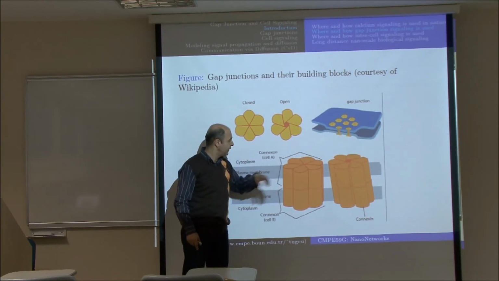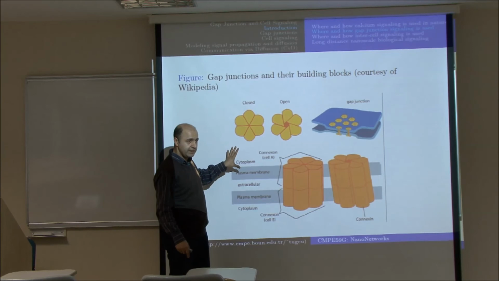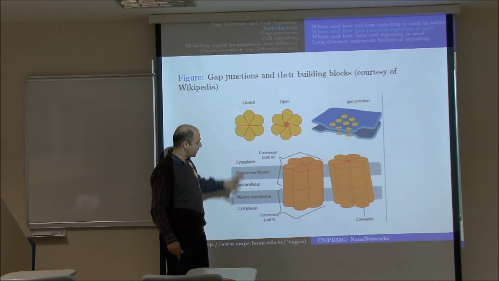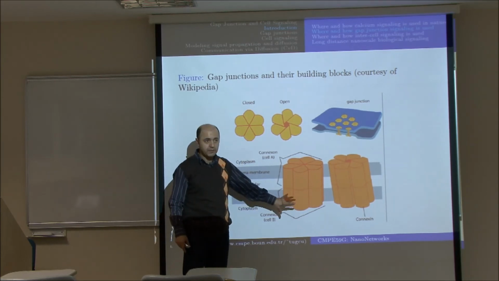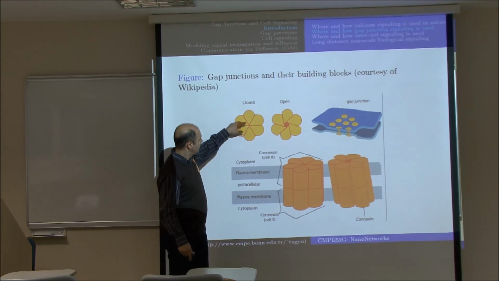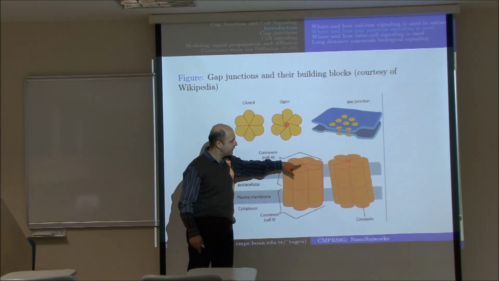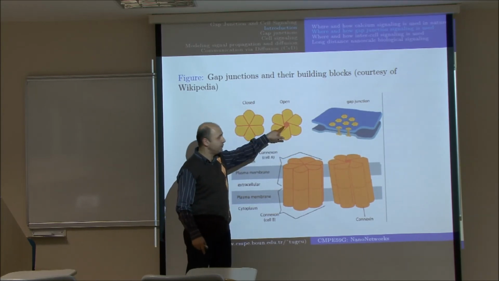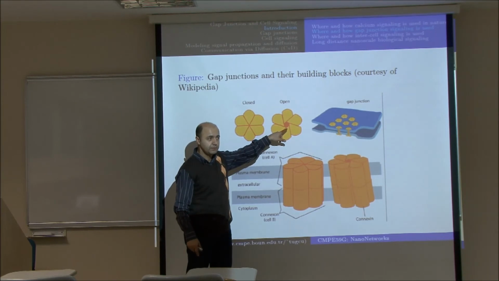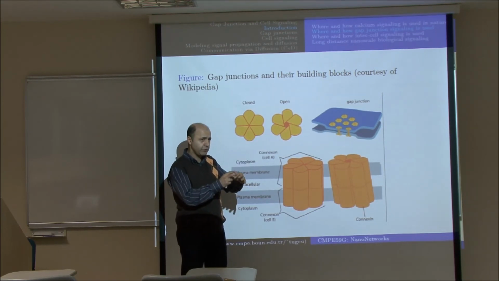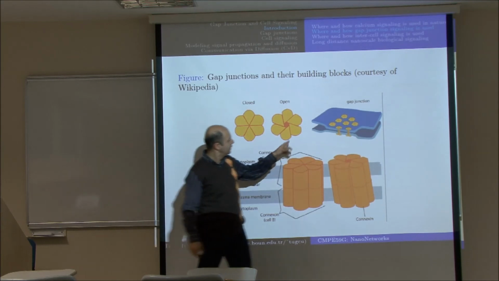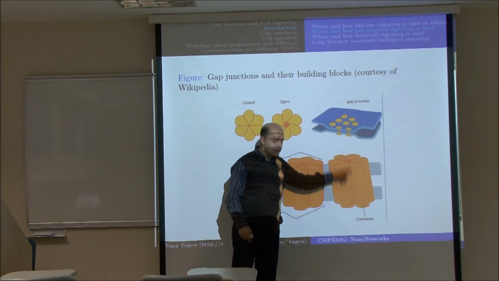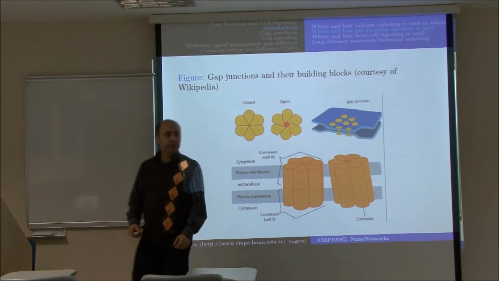Together, they form the connexons for cell A, the first cell, or the top cell, and similar for cell B. Here you see it in the closed form, but they can be opened like the objective of a camera, and this is an open connexon or gap junction. Okay?